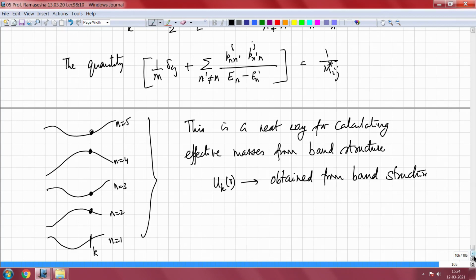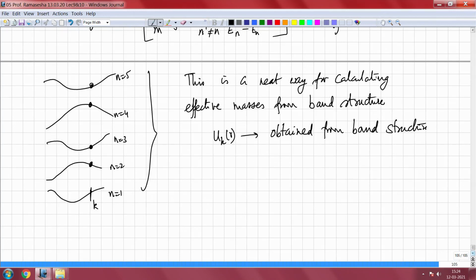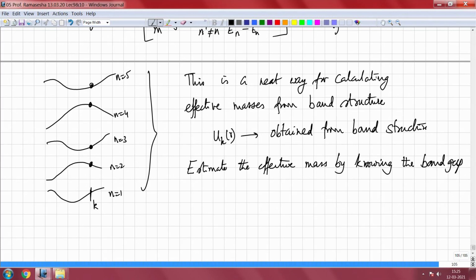Sometimes people try to obtain the effective mass by just estimating it. One can easily estimate the effective mass simply by knowing the band gap to the lowest excited band.